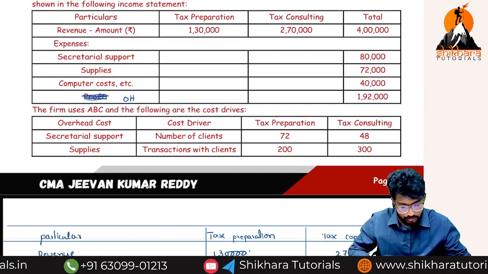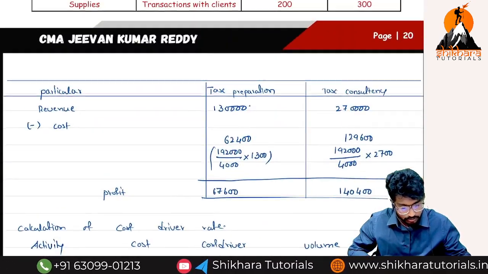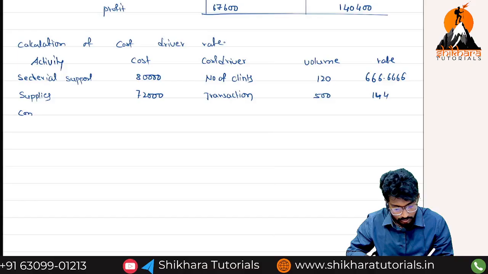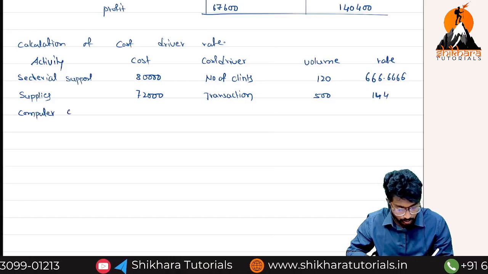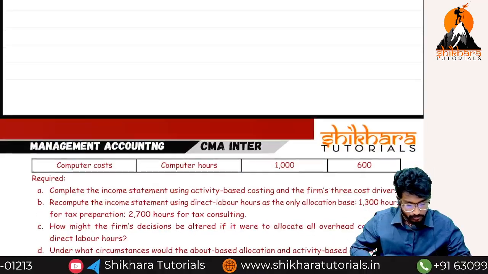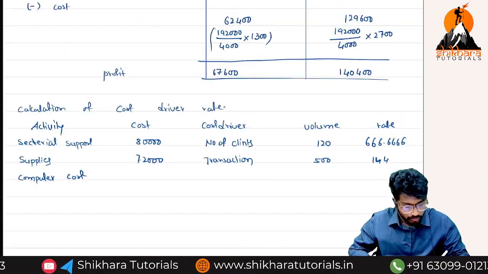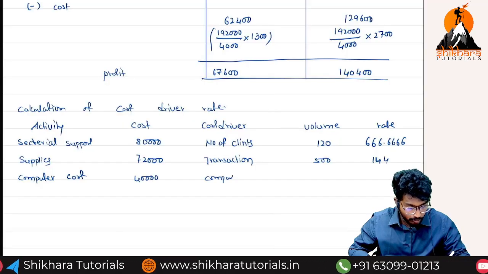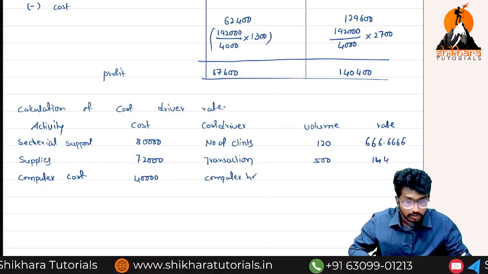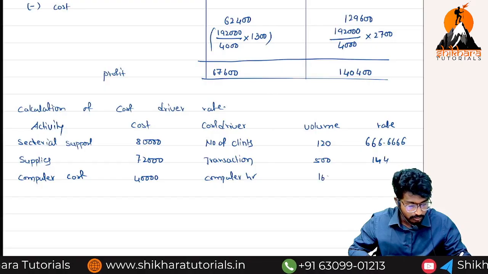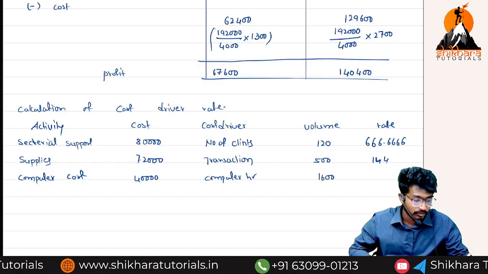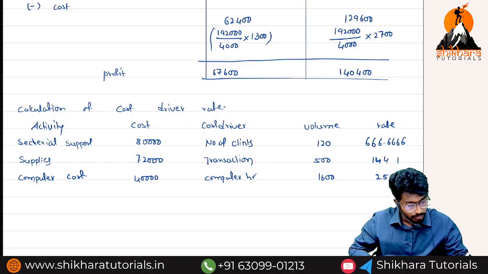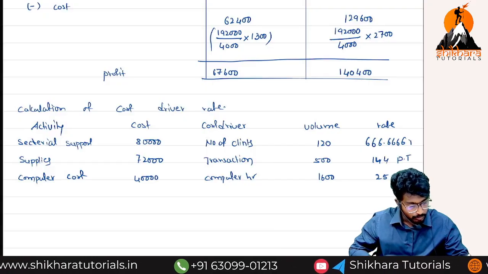Next, computer cost, 40,000. Computer hours, 1600. The rate is per hour, per transaction, per client.